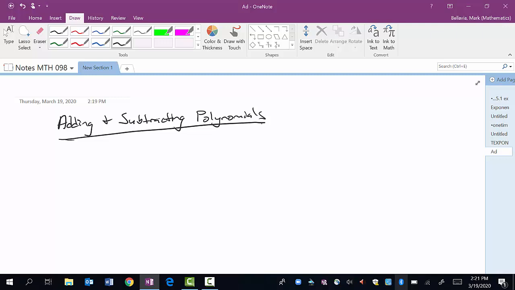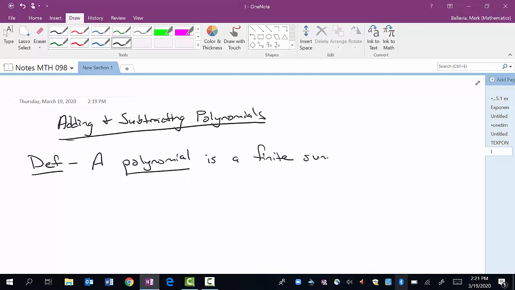So before we add and subtract, the first thing we should do is make sure we have a definition of what a polynomial is. A polynomial is a finite sum of terms. When we say finite, we just mean that it stops at some point.